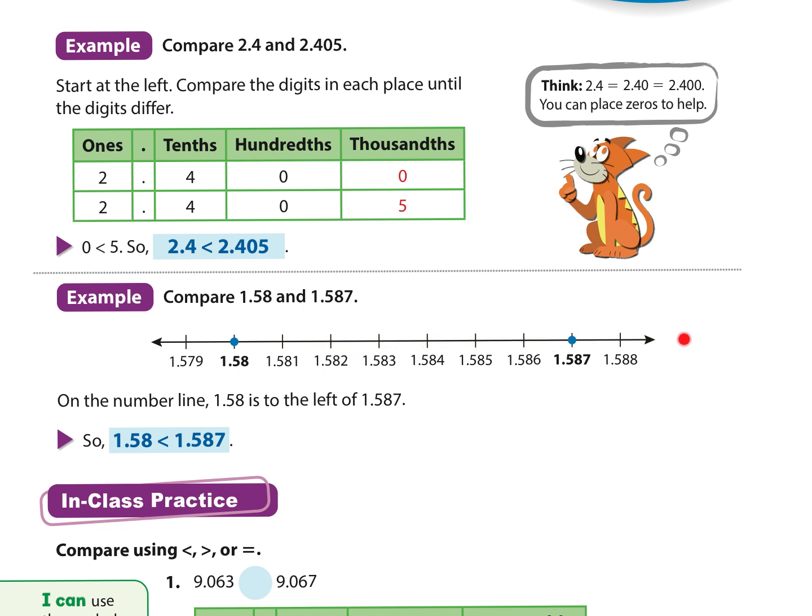They're increasing as I continue going this direction. So on a number line, 1 and 58 hundredths is to the left of this number. So that means that it is automatically less than the other number. Does that help visually? When you move left, my numbers are getting what? Smaller. Okay, so they're going to be less than.